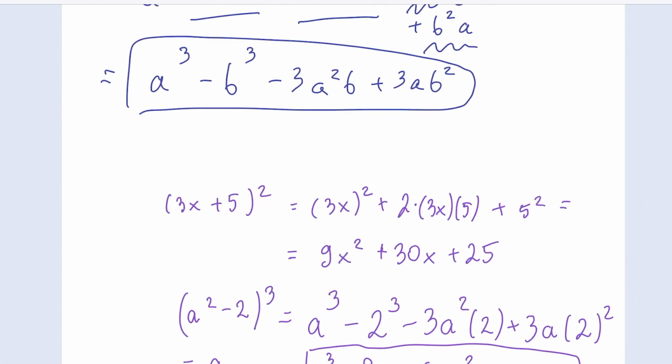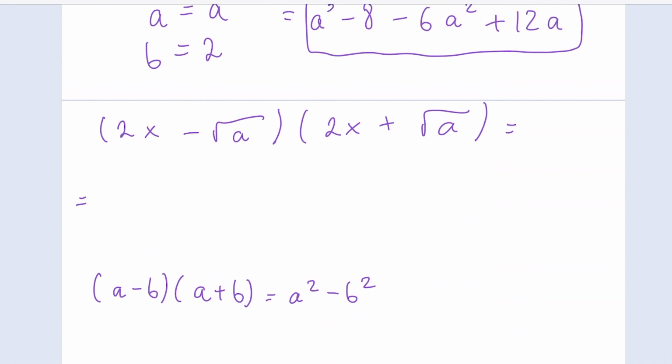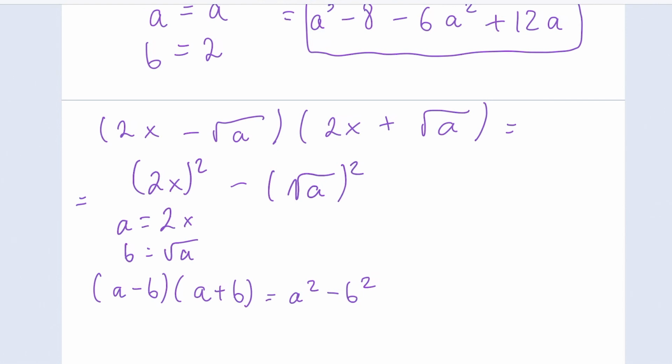That's what we saw. So now we're applying this. So our a is really 2x, and then our b is square root of a. So our answer will be 2x squared minus b, which is square root of a, squared. So I'll be left with 4x squared minus a.